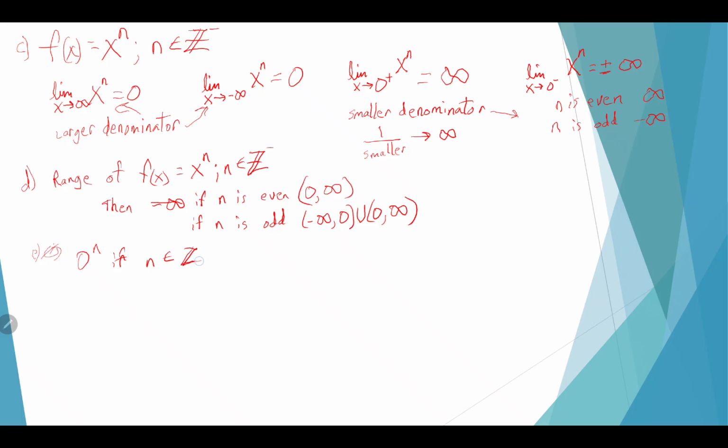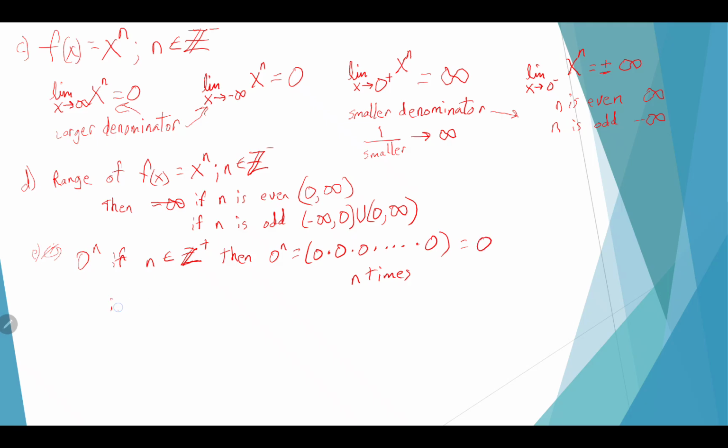So if n is a positive integer, then 0 to the n is equal to 0 times 0 times 0 times 0, n times, which is equal to 0.